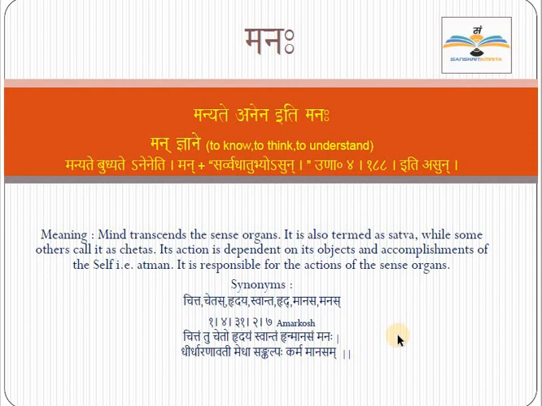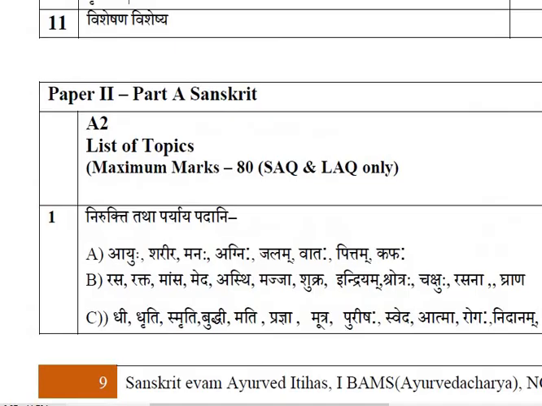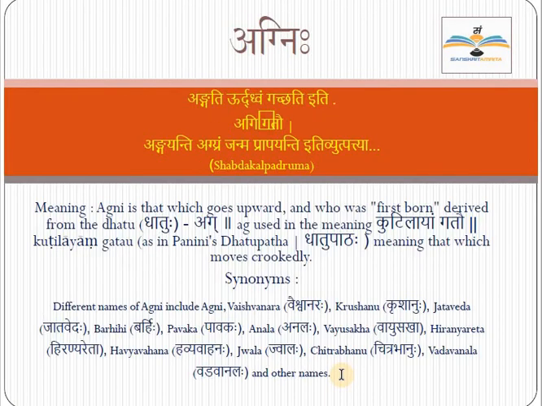Okay. So, dear students, let us continue learning the next word. As per the syllabus, here you read the next word given as Agni. We all know what is Agni, but let us understand today how the Agni word is created, what is the root, what is the Nirukti over there.